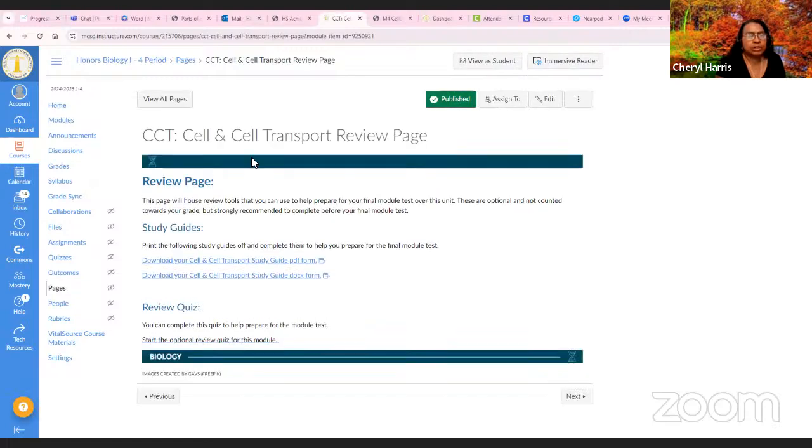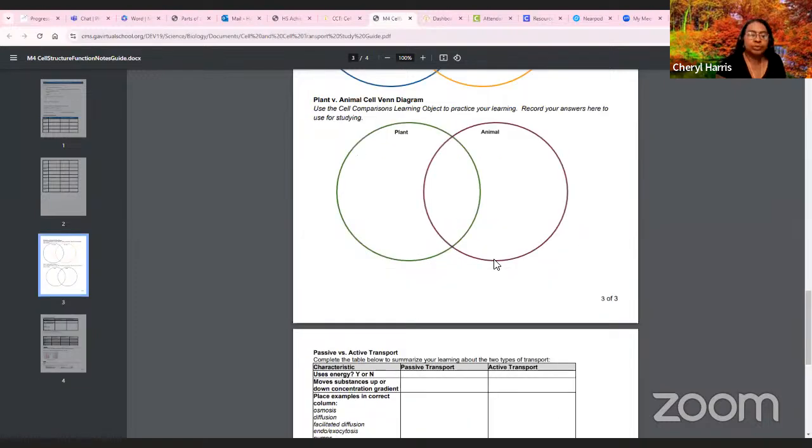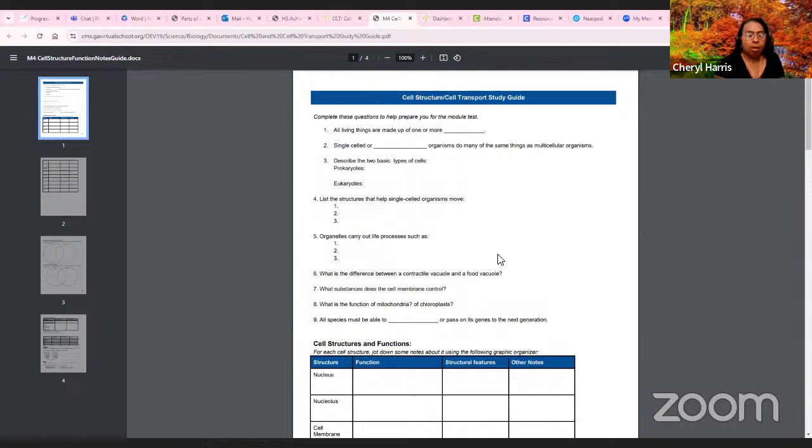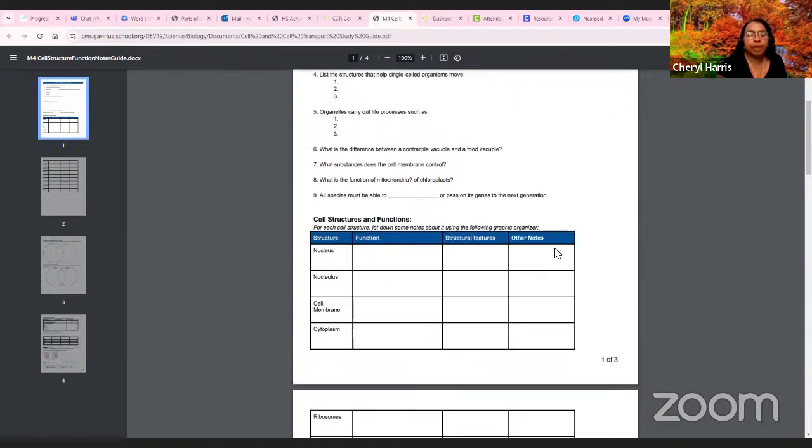You have two choices: to download the worksheet as a PDF, where you won't be able to write on it, or as a Word doc, where you can convert it to an edit form and you'll be able to write on it. So when you download that, it should give you this worksheet. And again, you're not sending this to me, this is for you. So basically we're at the end of a unit.